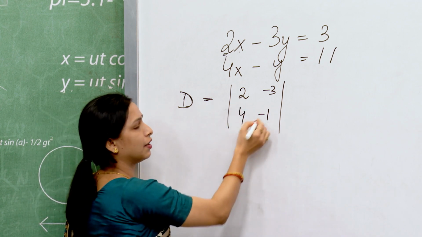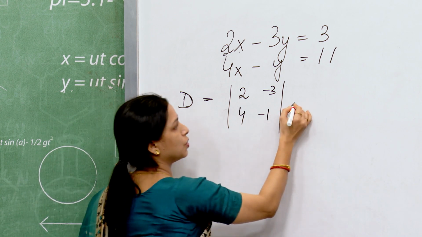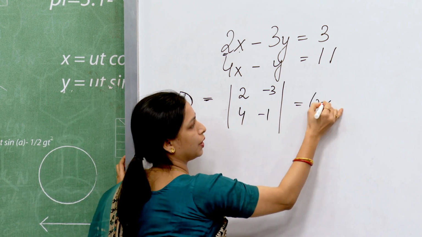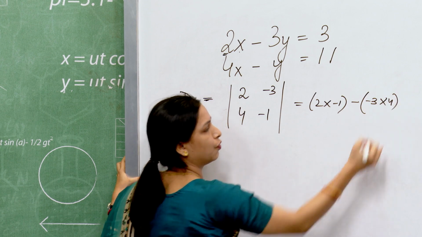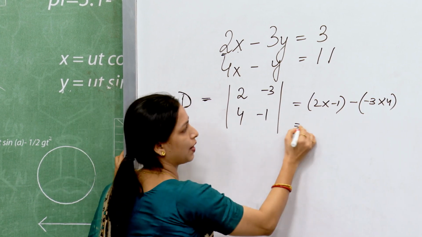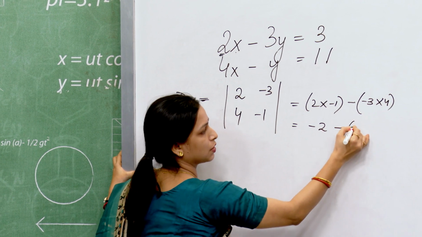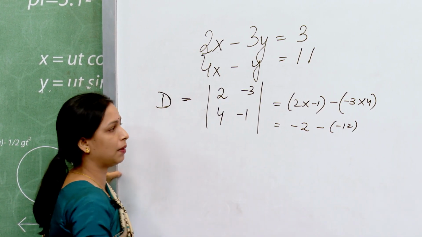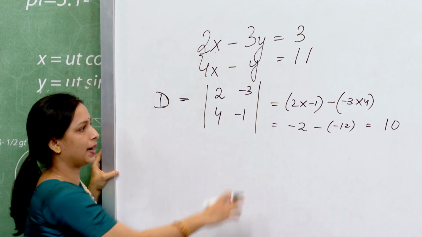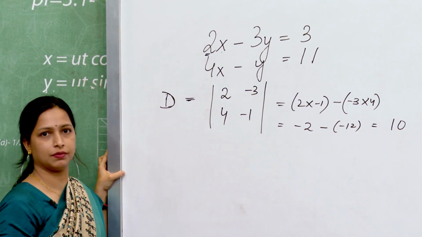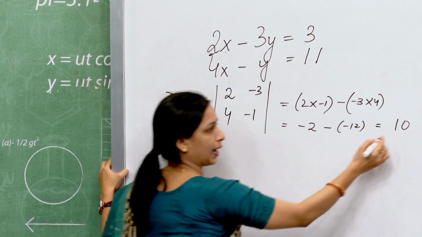Now, we have to find the value of this determinant. So, we get 2 into minus 1 minus minus 3 into 4. What is the value? Minus 2 minus minus 12, so this becomes minus 2 plus 12, that is 10.